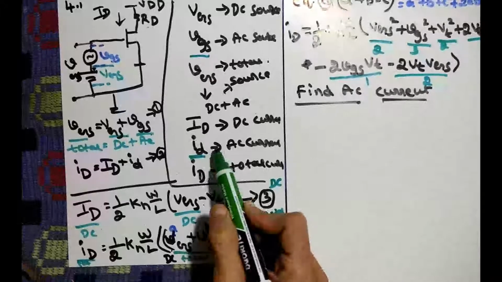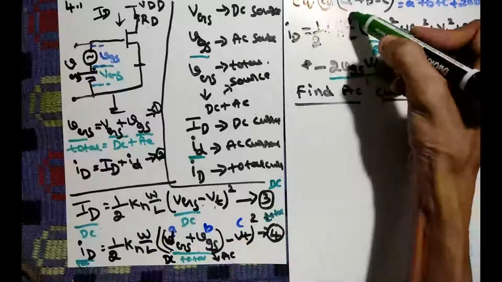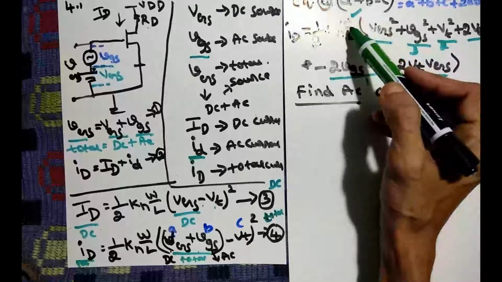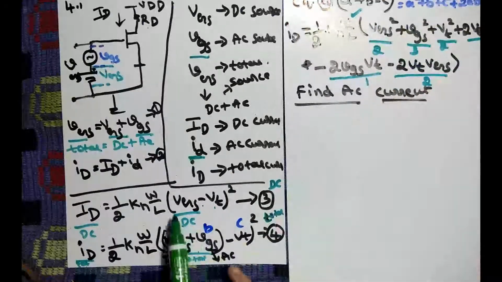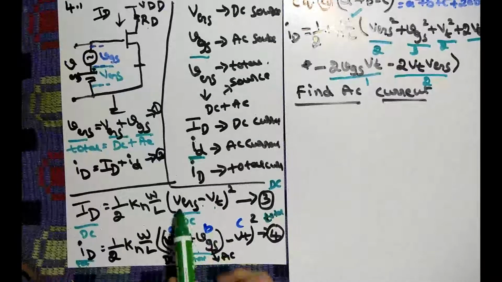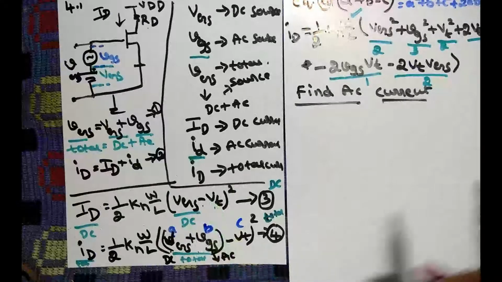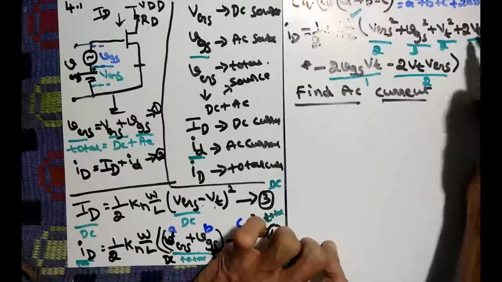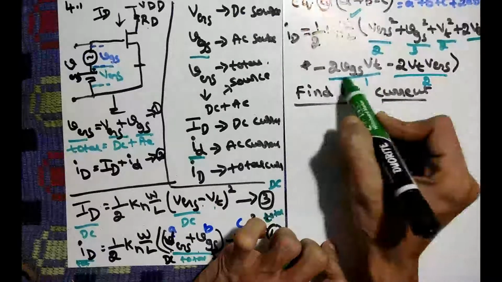Small ID consists of 1 by 2 Kn omega L W by L. This is already there, and we require a formula something like VGS minus VT whole square. So it has to consider VGS and VT both. The VGS and VT both are present in these two portions I marked.